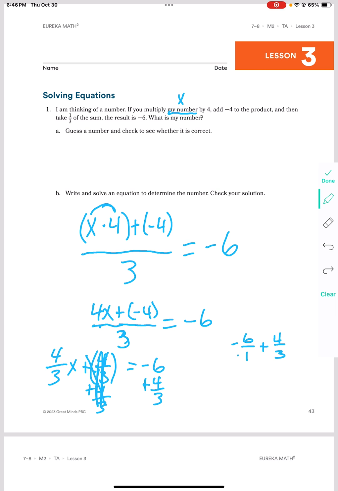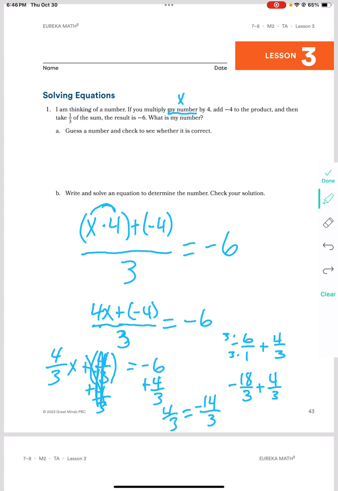So that means I'll multiply by 3 at the top and the bottom here to get negative 18/3 plus 4/3. Negative 18 plus 4 should give me a negative 14, still over 3.